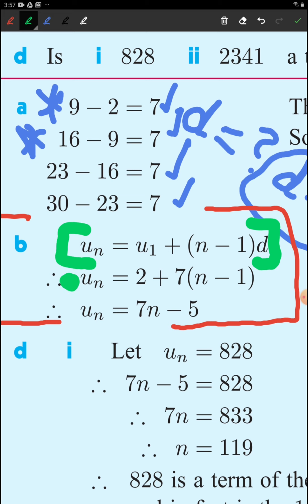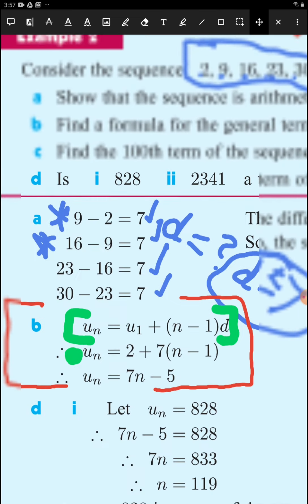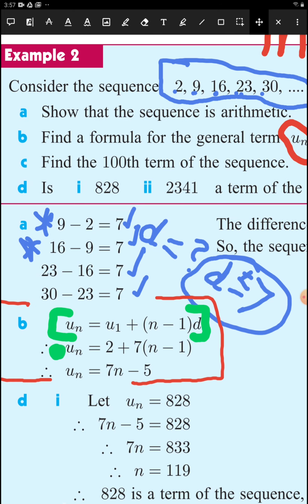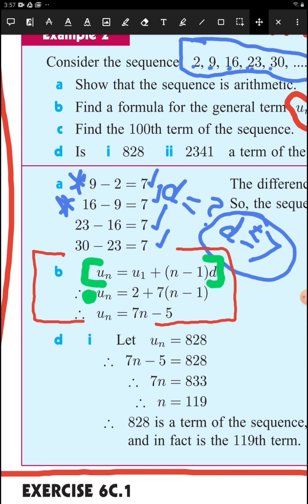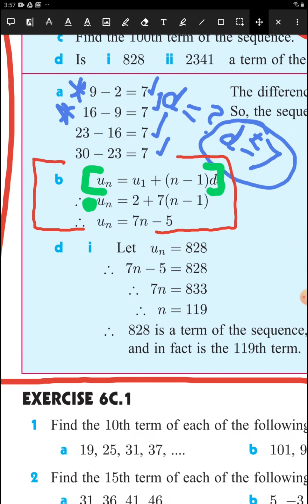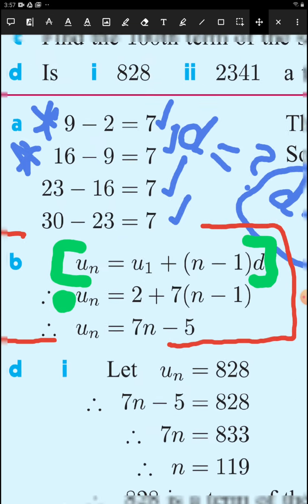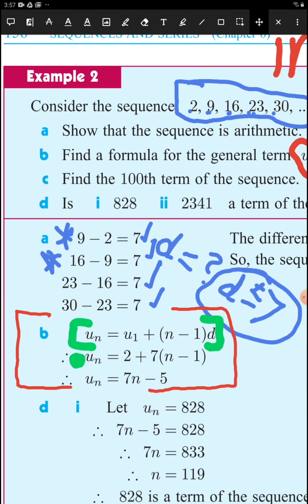They want to find an equation for U sub n, the nth term or the general term. My first term, U sub 1, they gave us: that's 2. So they plug that in. We also determined the common difference was 7, so they put it in front here.